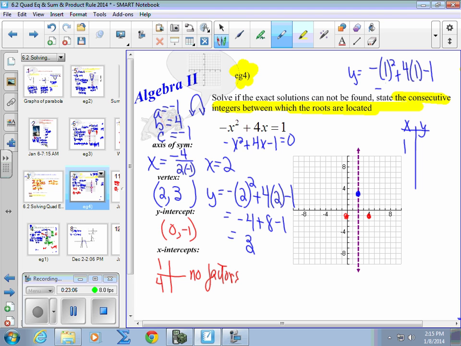So I get negative 1 plus 4 minus 1. So I get 2. So I have (1, 2), and I know I have another point here. So when I go to draw the graph, I have something that looks like that.